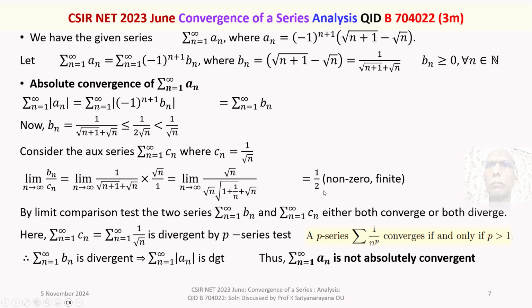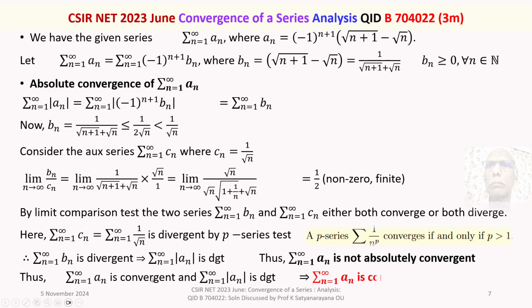Thus sigma an is convergent, which we have seen under option 2, and sigma mod an is divergent. Therefore, the series sigma n equals 1 to infinity an is conditionally convergent. This alternating series is conditionally convergent.